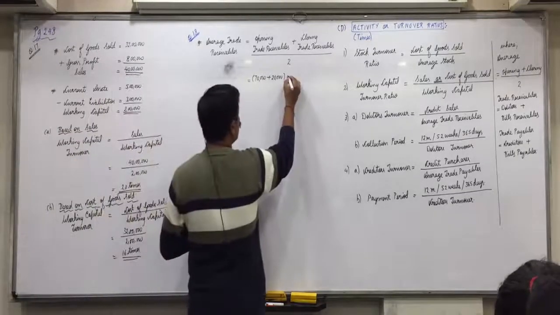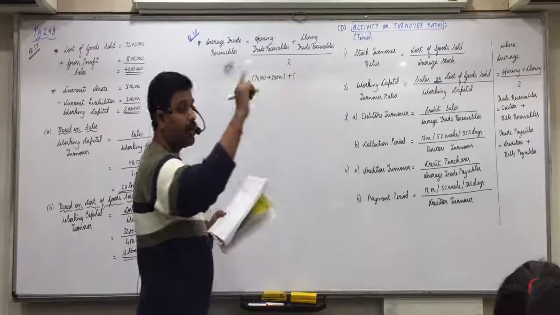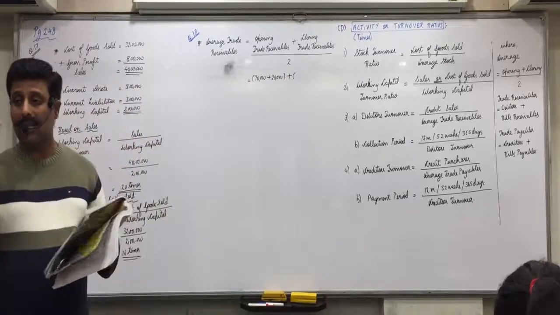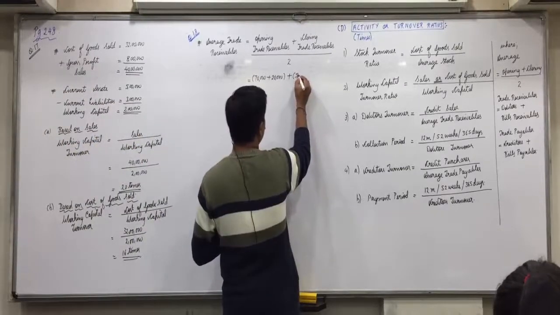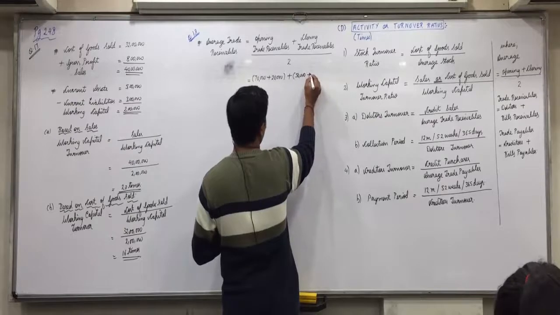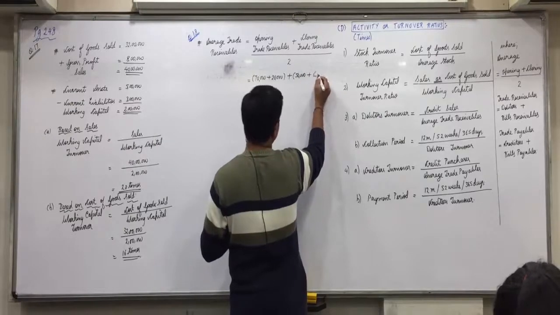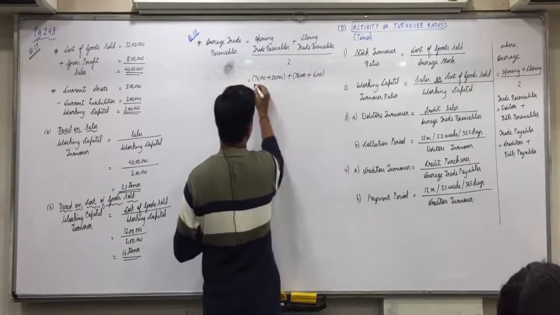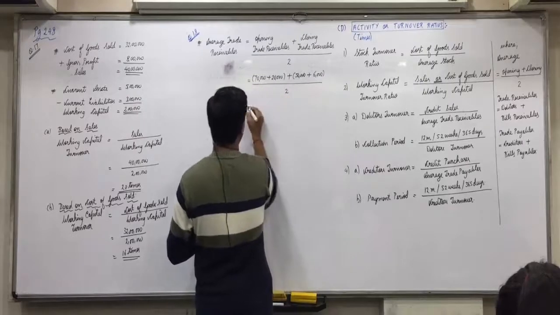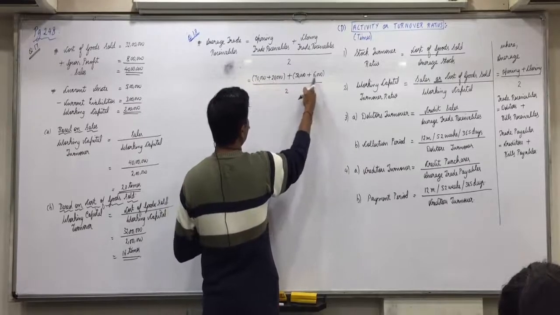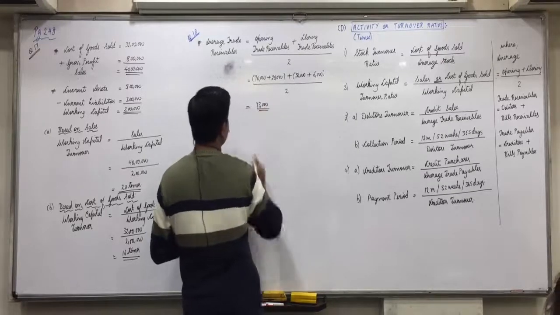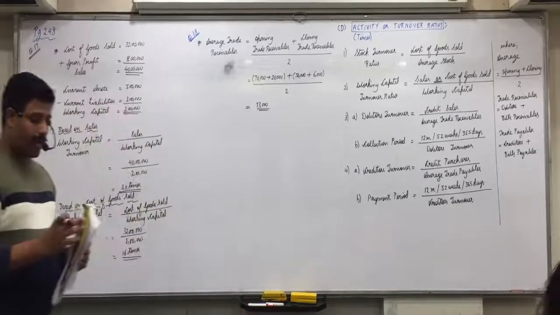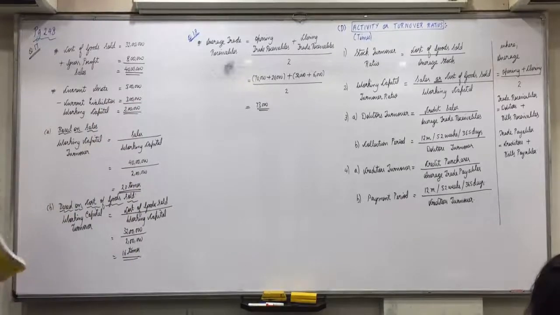Same way, closing trade receivables include closing debtors 50,000 plus closing bills receivable 6,000, which is 56,000. 90 plus 56 is 146, divided by 2, 73,000. Average trade receivables are 73,000. Is everyone clear with it?